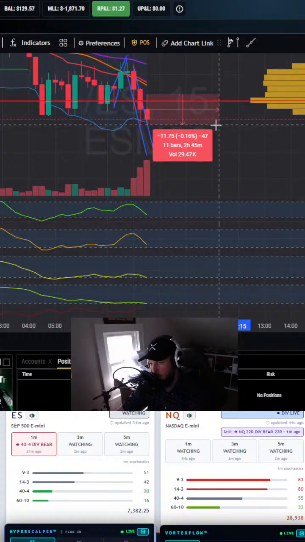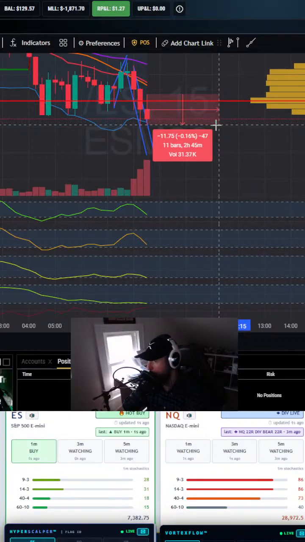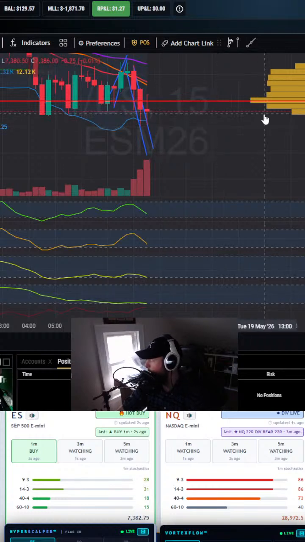Almost our threshold. We're minus 47. So we're looking for 50 or more volume. I mean, if we can get closer to 100, that's a much easier trade. I know the ES is set up for a long right now.